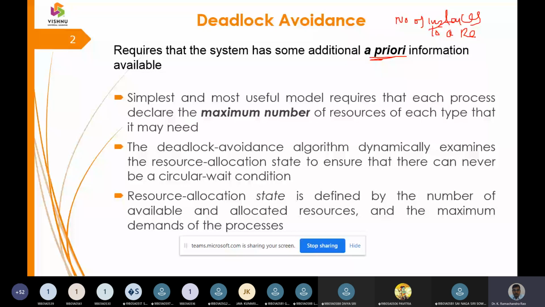Before we handle deadlocks, a resource is there, and that resource is going to have some instances. As a class, a number of instances are there.